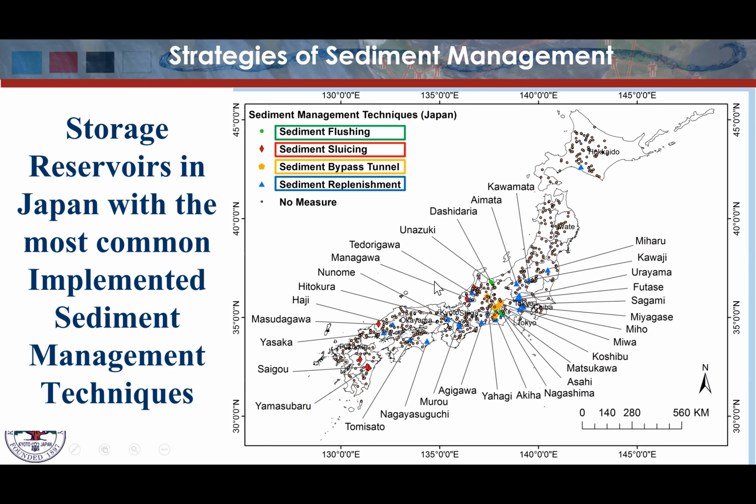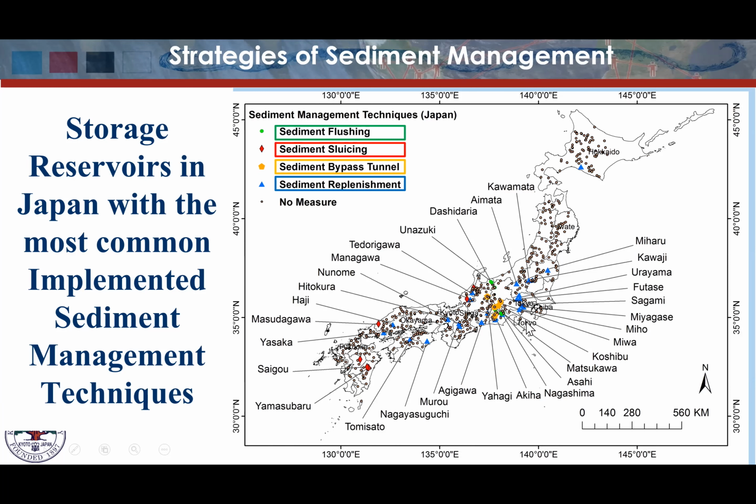In Japan we have more than 3,000 dams, but this map shows more than 900 dams where sediment management options have been implemented. We have several techniques: sediment flushing, sediment sluicing in red, sediment bypass tunnel in orange, and sediment replenishment in blue, and the others are no measures.